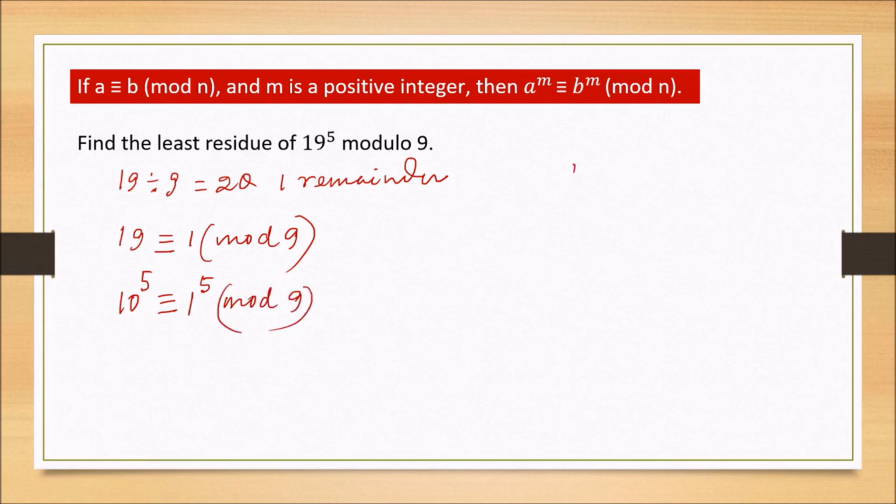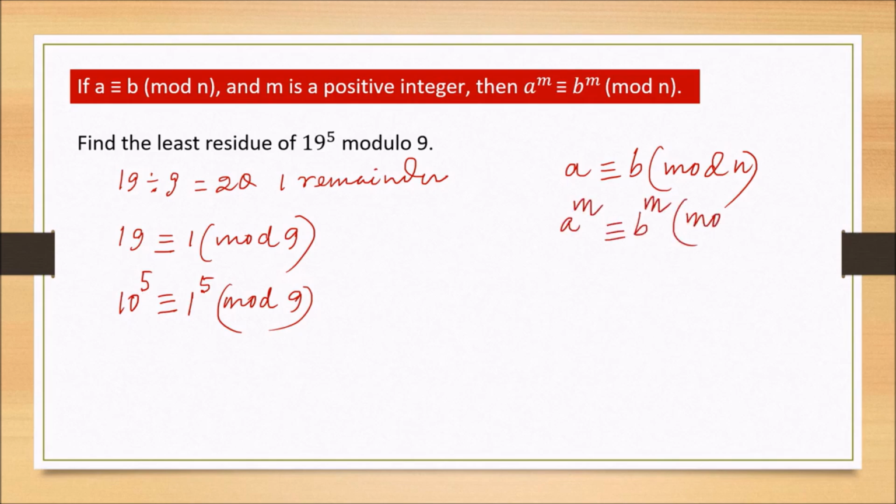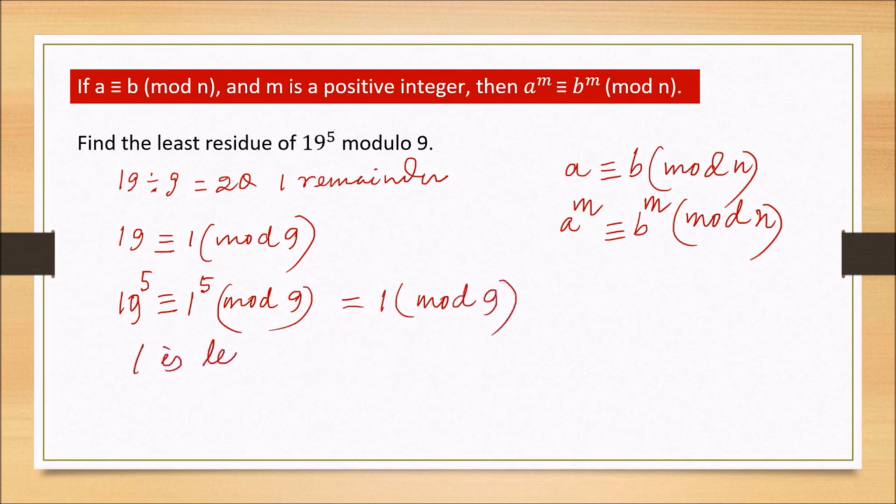As this says, A is congruent to B modulo n, then A raised to the power m is congruent to B raised to the power m modulo n. So here A is 19 and B is 1, and m is 5. So 1 raised to the 5 is 1 again. So 1 modulo 9, that means 1 is the least residue.